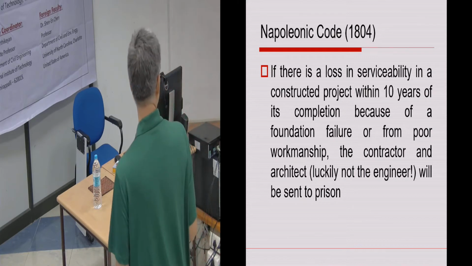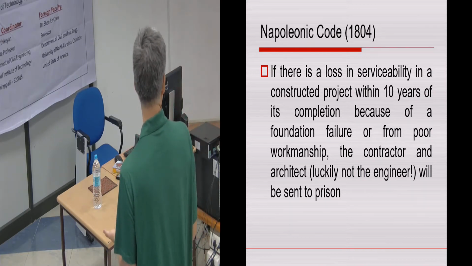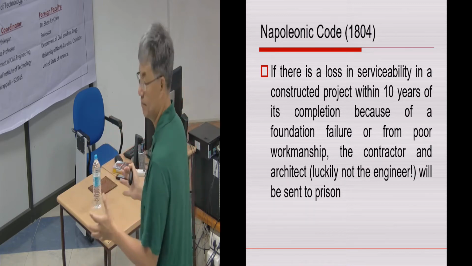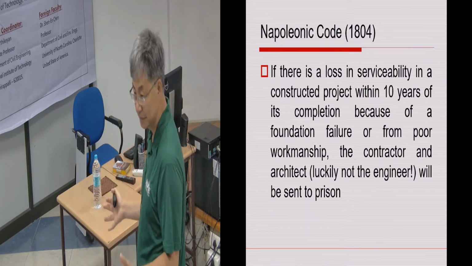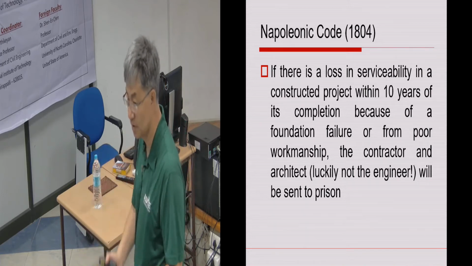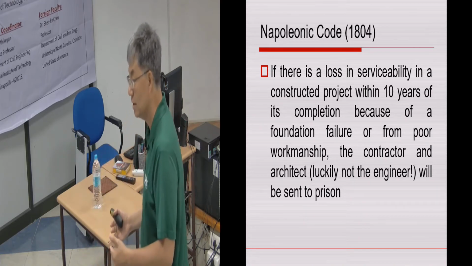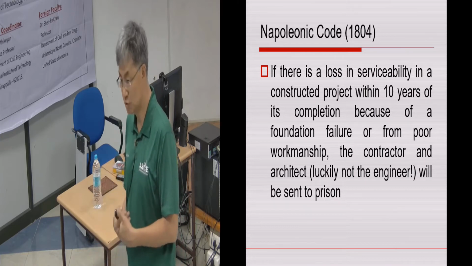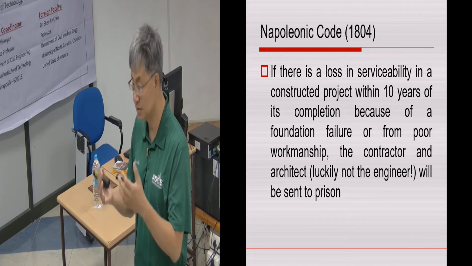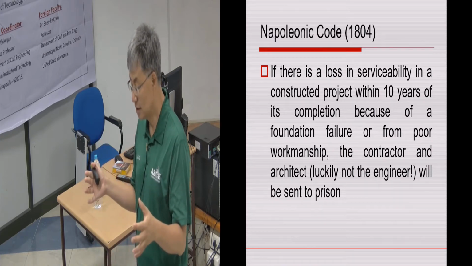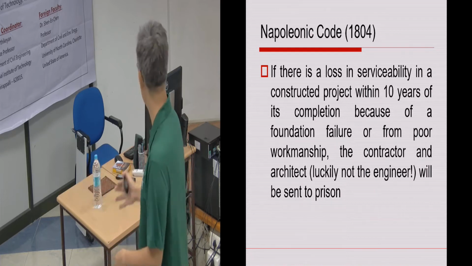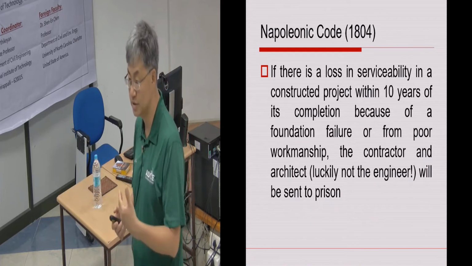If you build a building, that building has to have a 10-year warranty. So anything that happens within those 10 years, you are responsible. Today we have insurance, which pays for the penalty, and that is a new system that helps resolve these kinds of warranty issues.